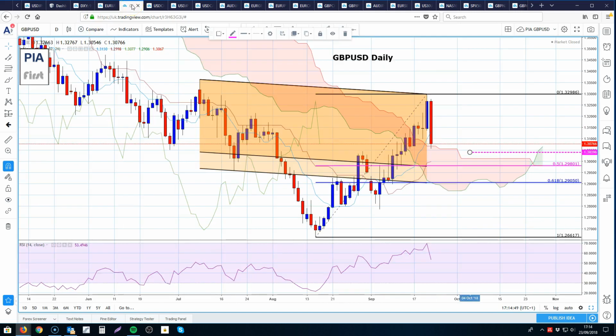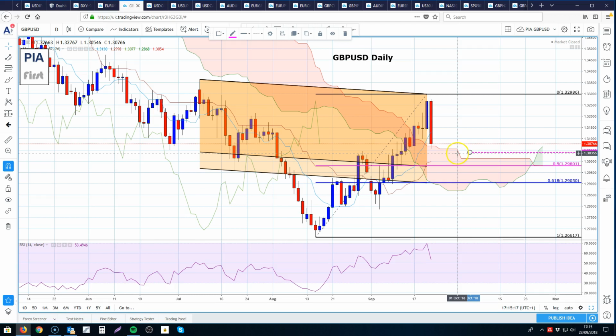Sterling dollar's quite an interesting one actually. We also had that aggressive sell-off on Friday. The immediate call, I suppose, would have to be to sell into rallies, but we have got some bespoke support at 130.39, so there's a potential to see a bounce earlier on in the week, and we wouldn't be looking at selling sterling dollar around current levels.